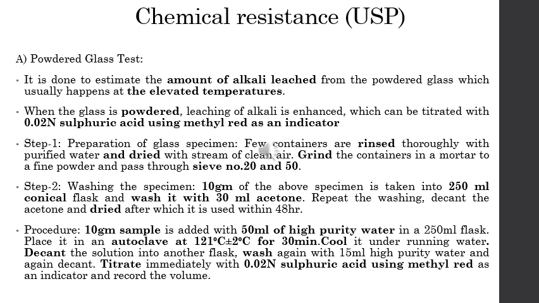Now the powder glass test is done to estimate the amount of alkali leached from the powdered glass. This leaching generally increases at elevated temperature. So what is done is the glass is powdered and it is titrated with 0.02 normal sulfuric acid using methyl red as indicator.